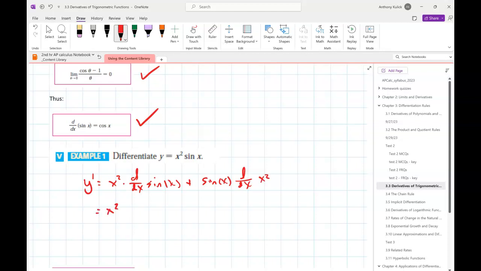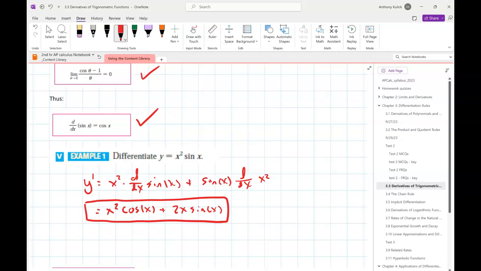The derivative of sine x is cosine x, and the derivative of x squared is 2x, and I'll write that in front because it feels like the more natural place to put it, and we're done. Well, are there any like terms to combine there? Any trig identity you could apply to make it simpler? No? That's it. Yep. That goes into your toolbox of derivative rules.